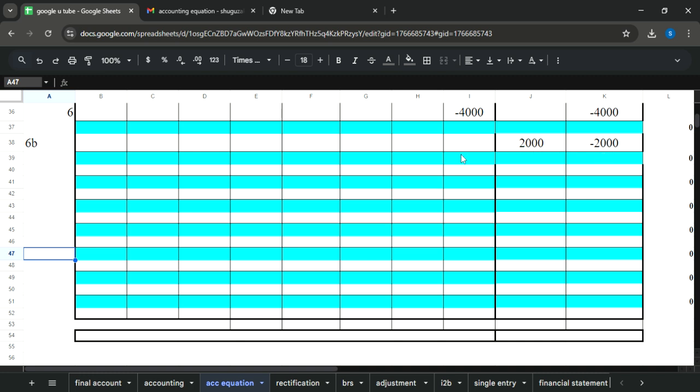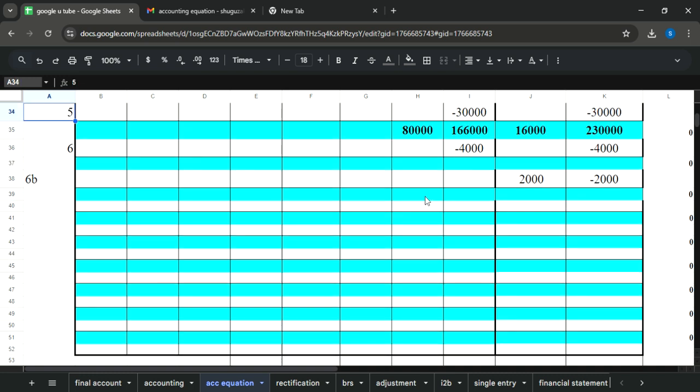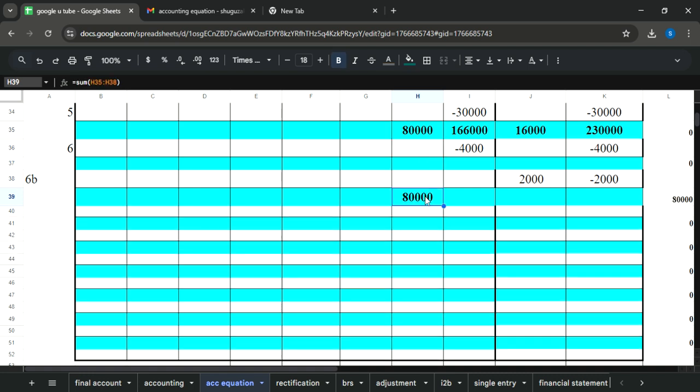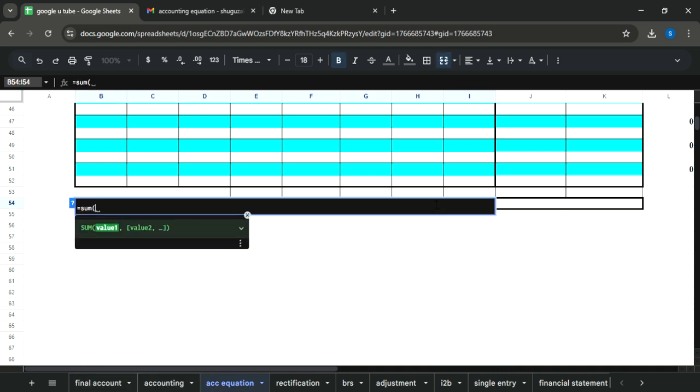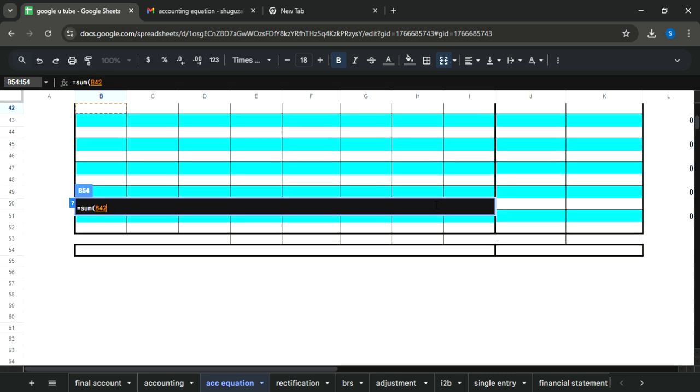Alright guys, it means our question has been completed simply. Now we will take the sum of all the sides present over here. First column, you will take the sum. In the similar way, you will be taking the sum of the other columns. So guys, in this way, our sums are also completed. After that, you will take the sum of all the amounts present on the asset side.